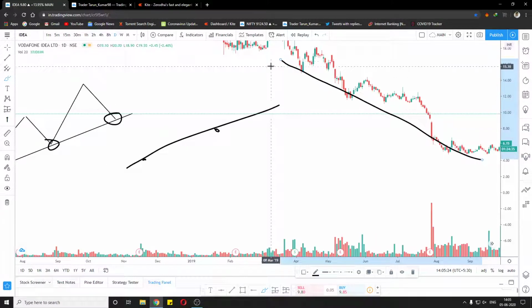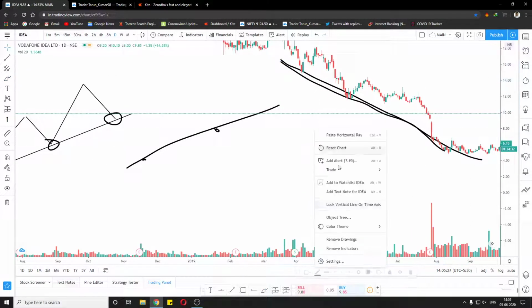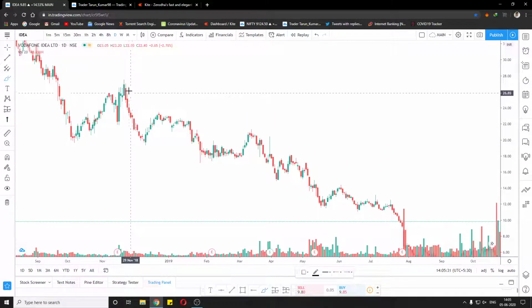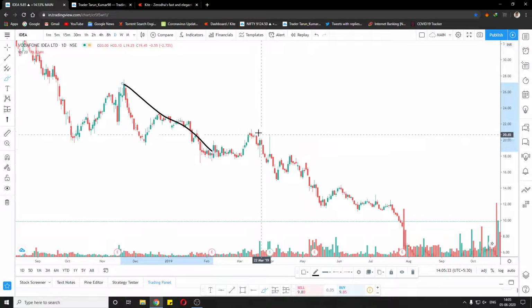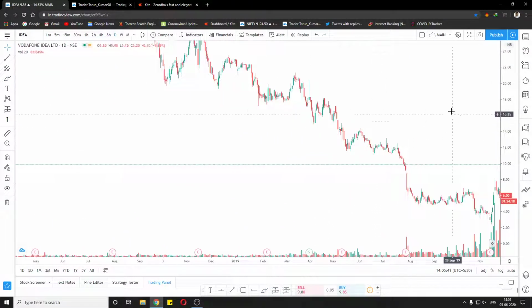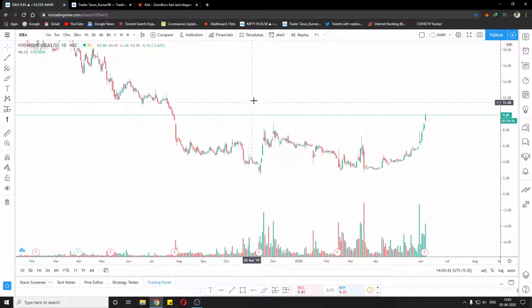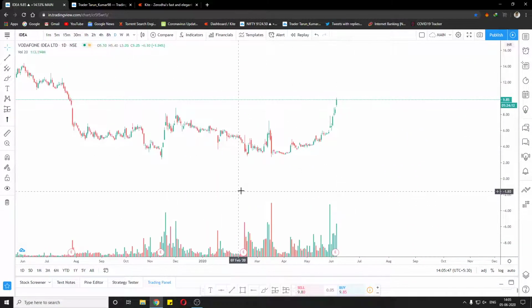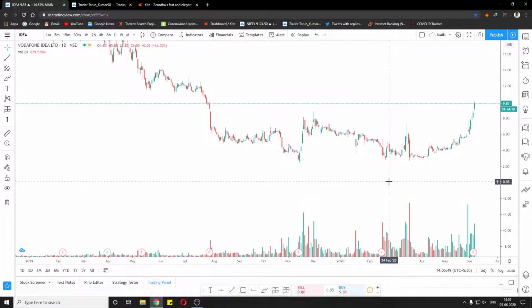Actually this is a valid trend line. If there are any 2 points, I can just draw any trend line. But I think the valid trend line is when we have a clear trend and we can join at least 3 points.